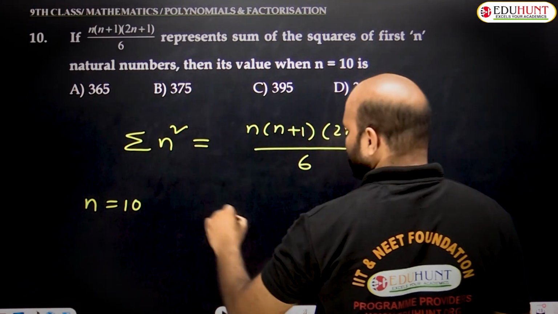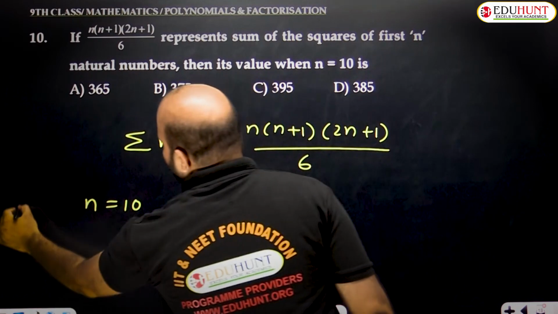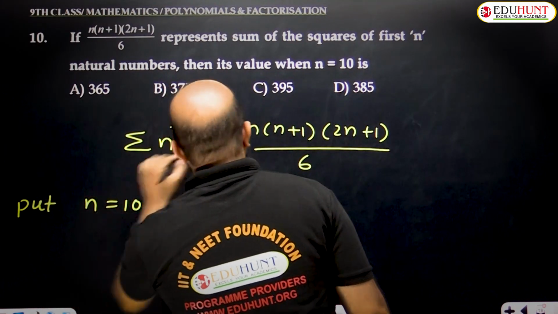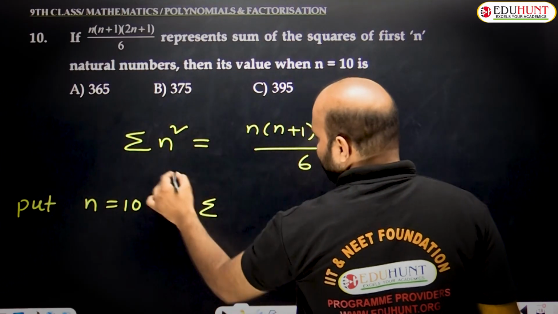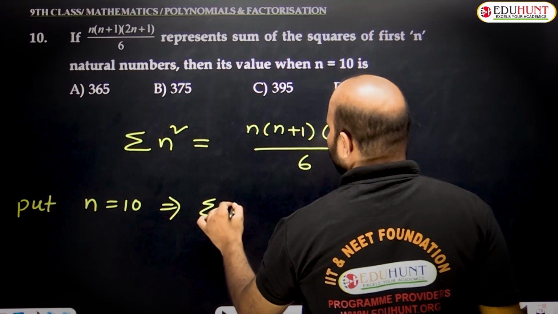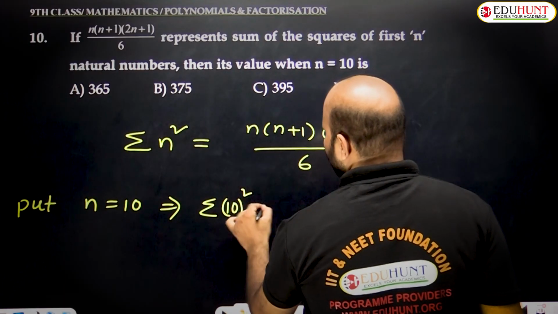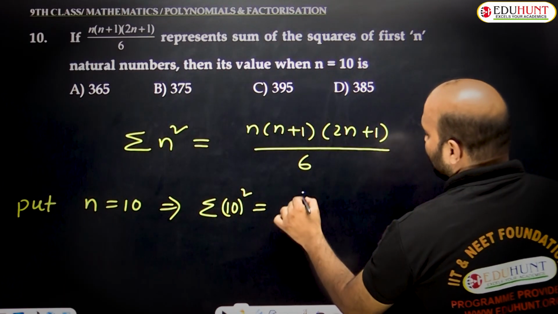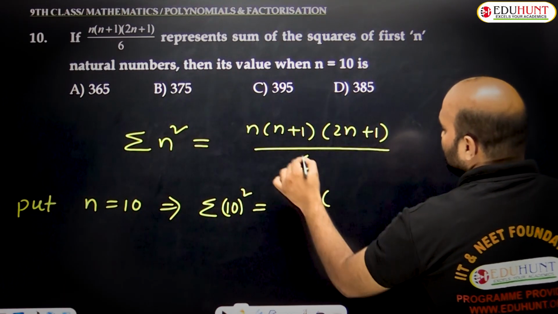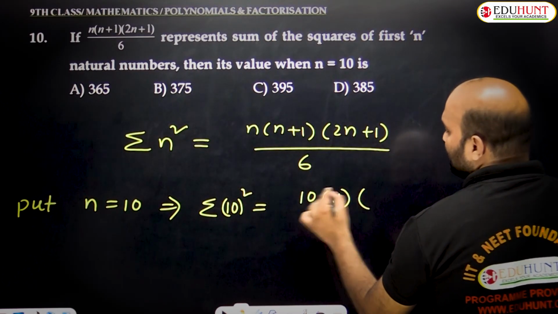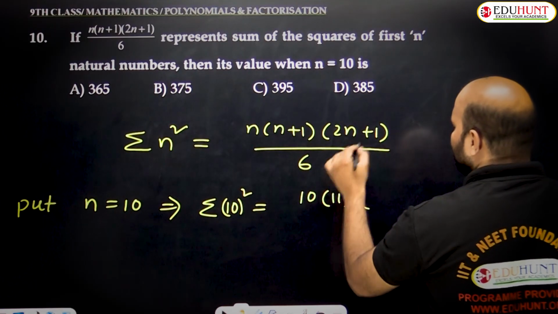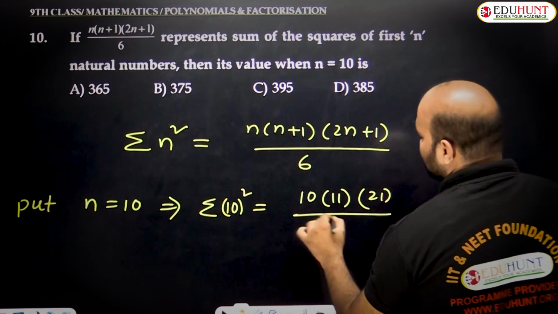So directly put the n value in that equation. Therefore it can be written as sigma 10 square, where n is 10, so 10 terms are given. It equals 10 into n plus 1, nothing but 10 plus 1, 11, into 2n plus 1, 2 into 10, 20 plus 1, 21, whole by 6.